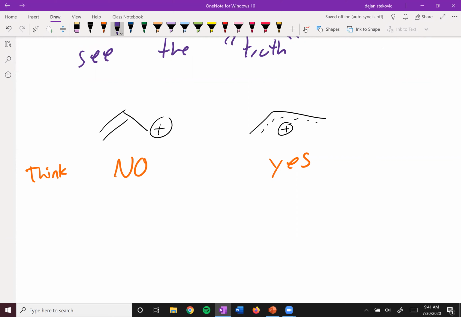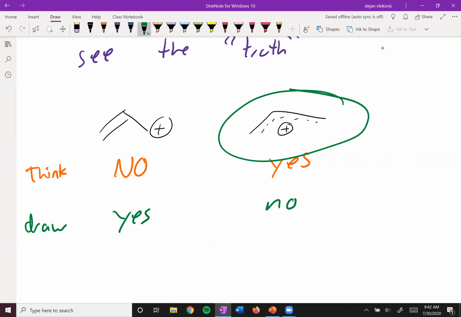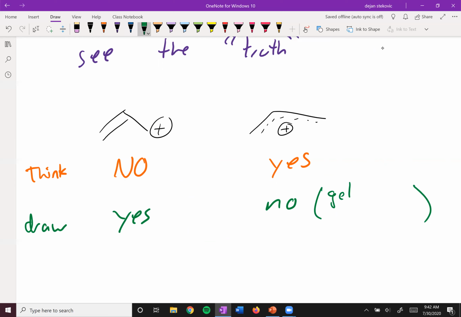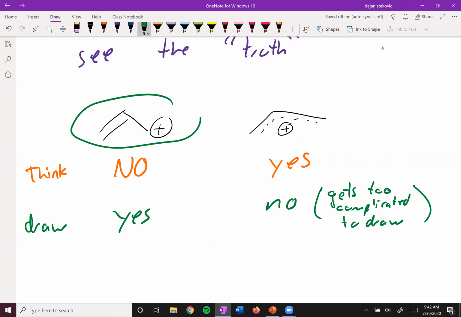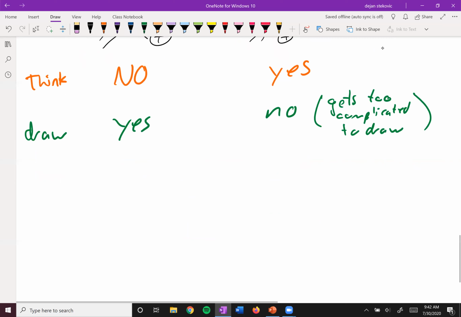But what we want to draw is actually this on the left and not the one on the right. The reason that we don't draw these structures like this is that it gets complicated really quickly. And so we just draw this and then assume that our audience is knowledgeable and can see the structure for what it really is, right?